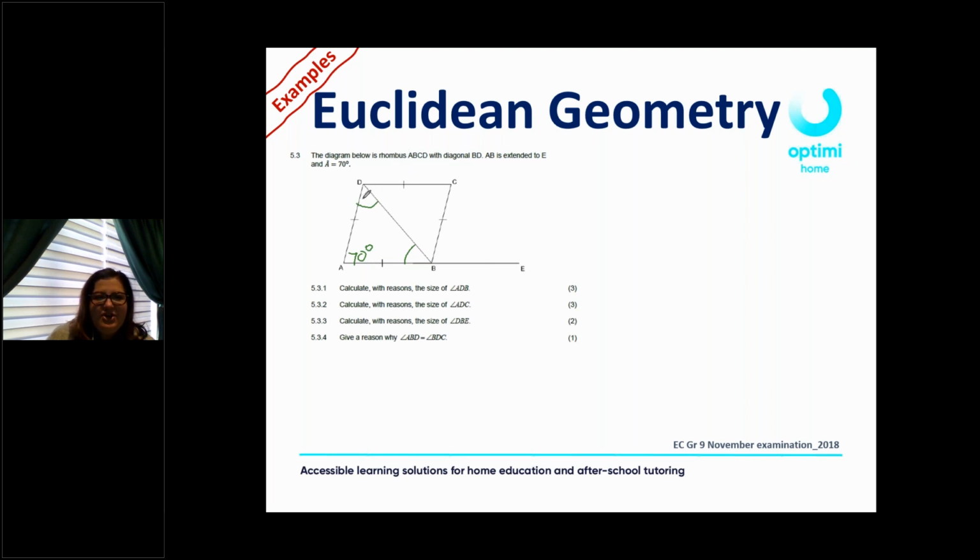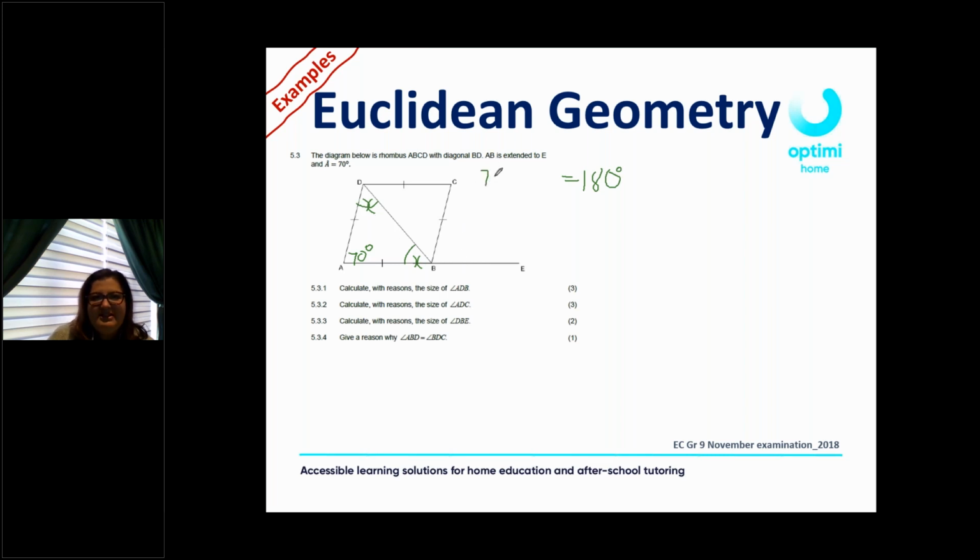And if I add them all together, I need to have 180 degrees because it's the sum of the interior angles of a triangle. So just for explanation, let's make this x. Because I know they are the same, I can make this angle over here also an x.